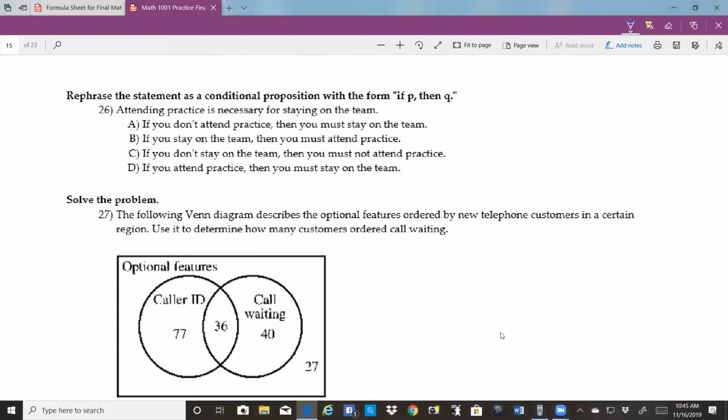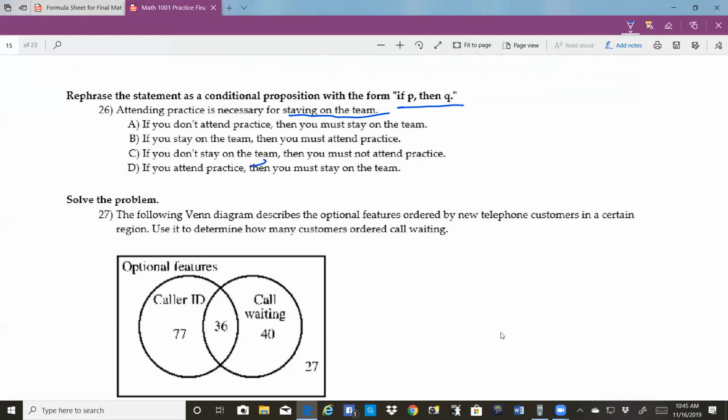Number 26, we want to rephrase the statement as a conditional proposition with the form if P then Q. The statement is attending practice is necessary for staying on the team.